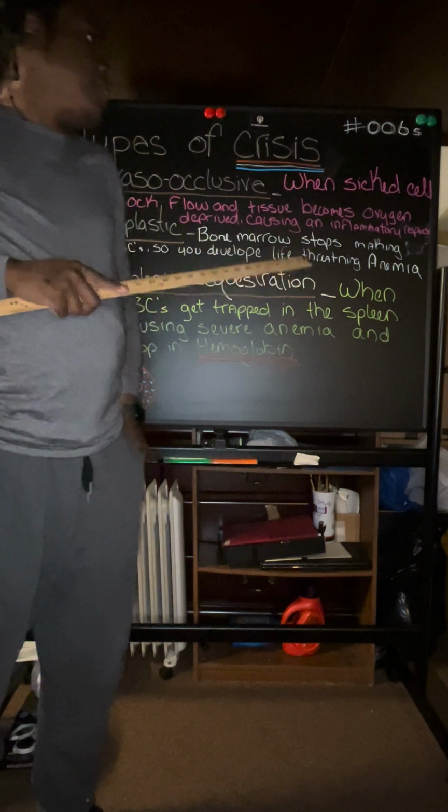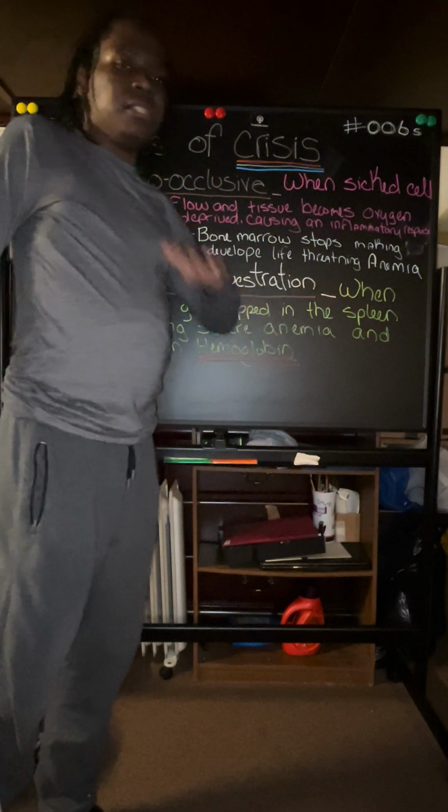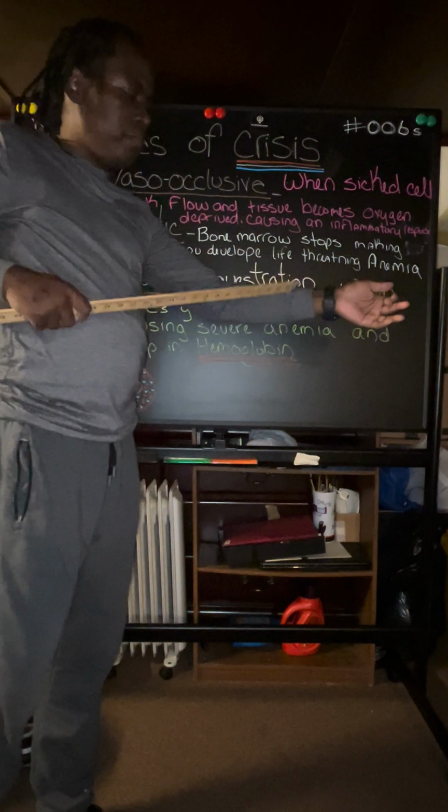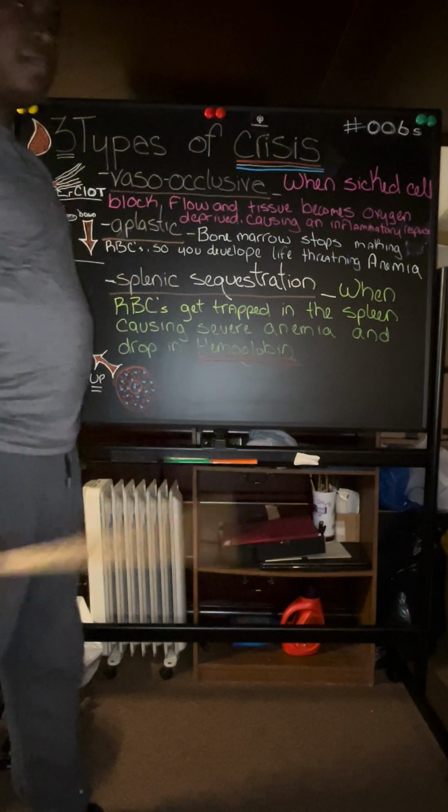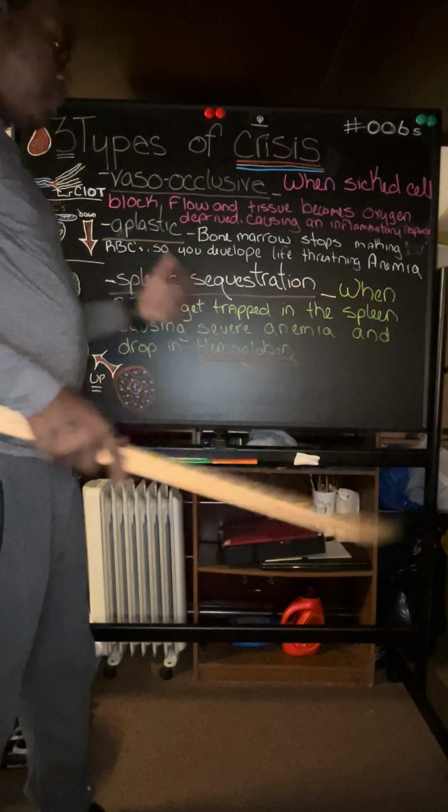Not even hemolytic, but the bone marrow just stops making it. Whatever the mechanism, bone marrow is like, you're not giving me enough folate, folic acid, whatever the trigger is. New blood cells come from the marrow inside the bone, and that's turning off with an aplastic crisis. So there's a lot of workup you got to do to find out what's going on and how to turn it back on.